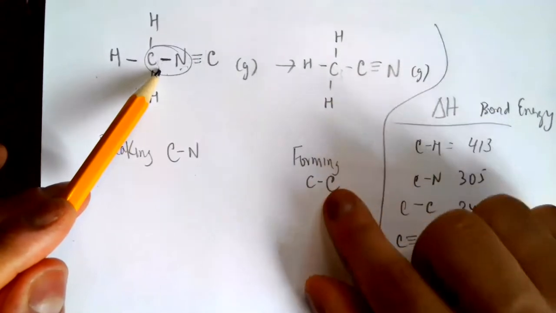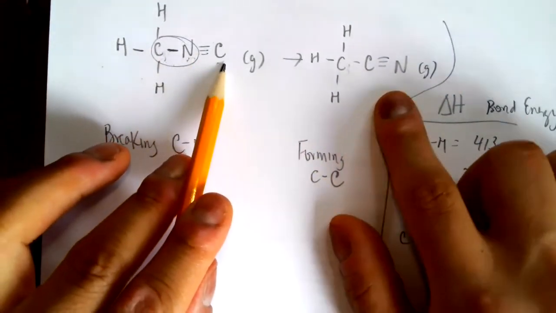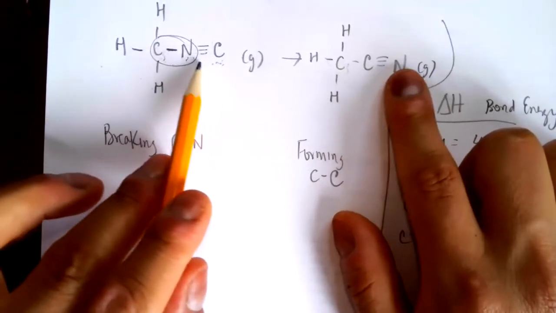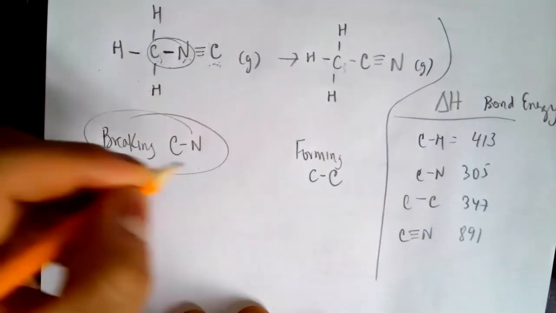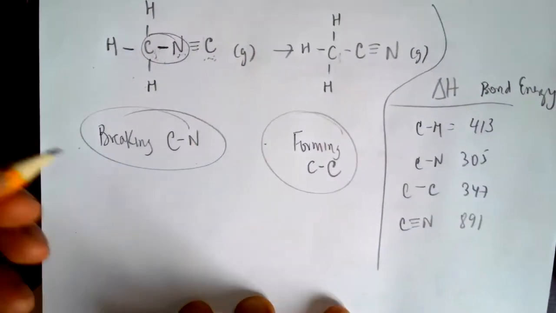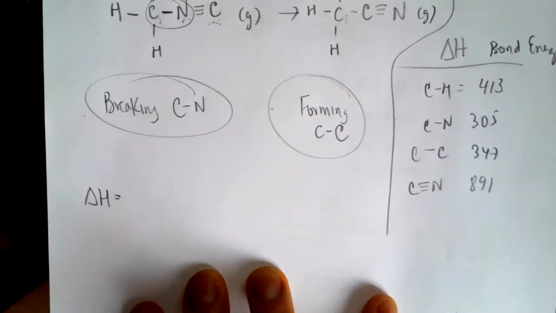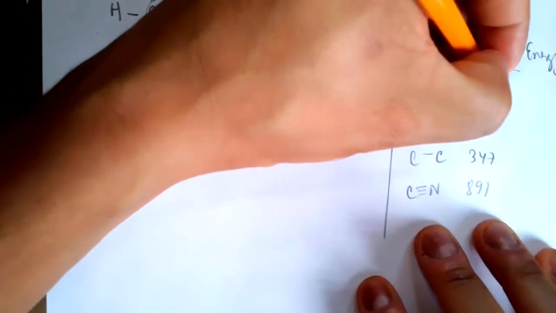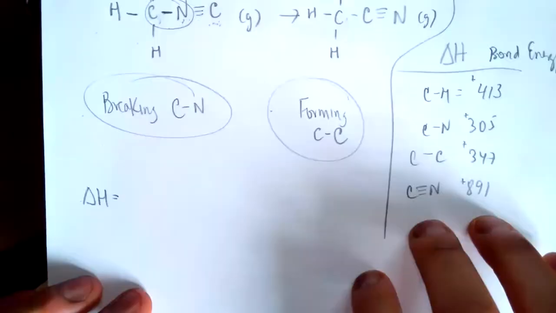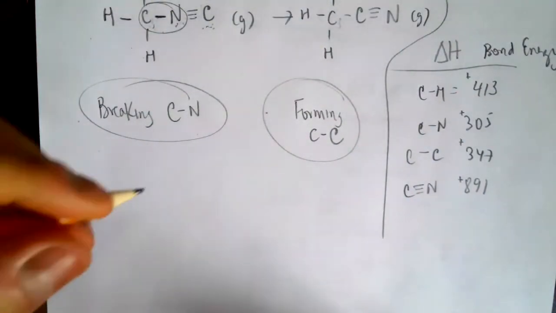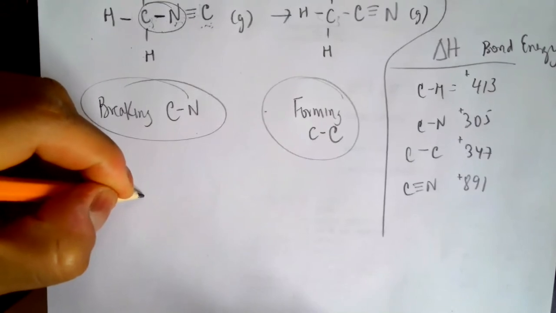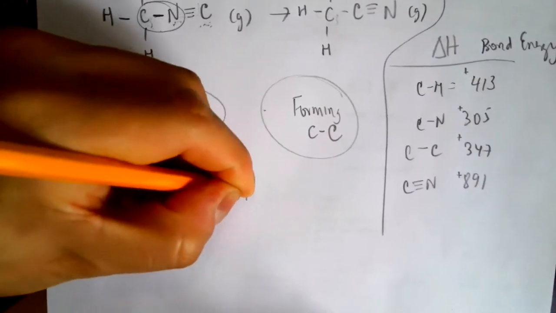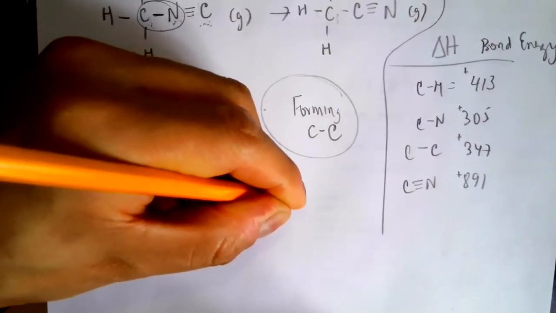Breaking C-N, forming C-C. C triple N and C triple N are the same thing. So the only thing I'm breaking is C-N, and the only thing I'm forming is C-C. According to the enthalpy, the breaking energy is positive, because these are all positive, minus the bond energy of the bonds being formed.